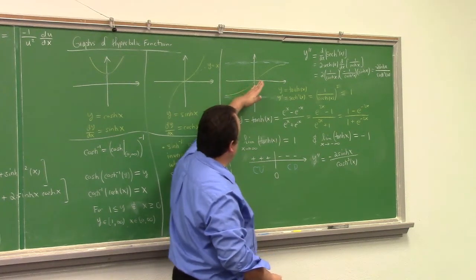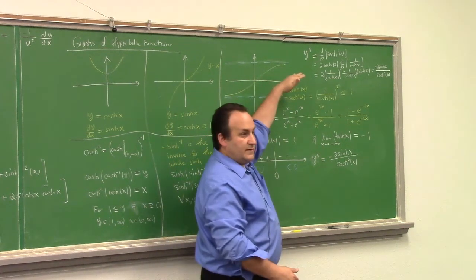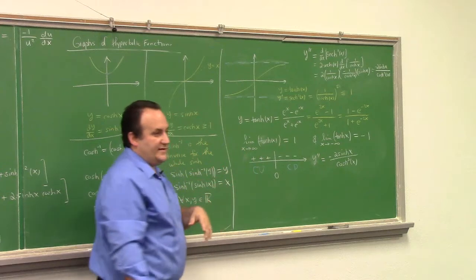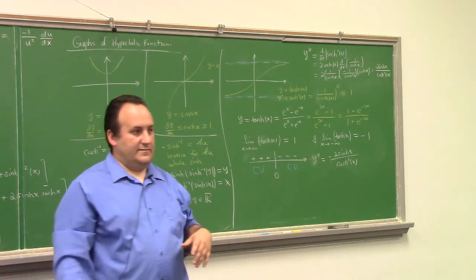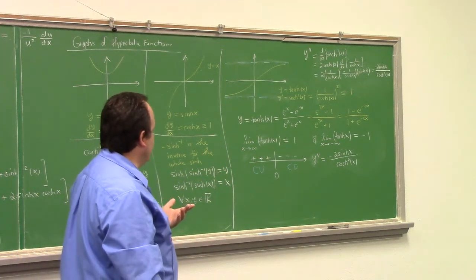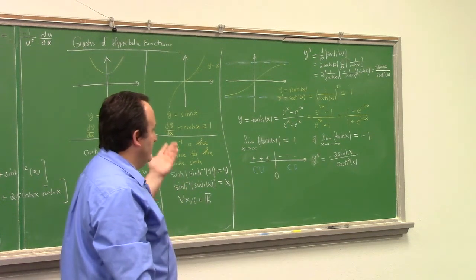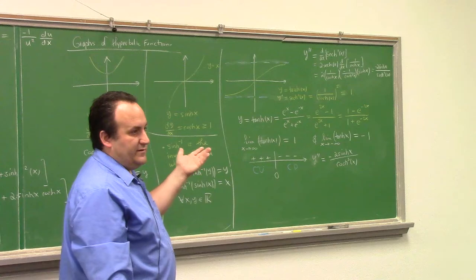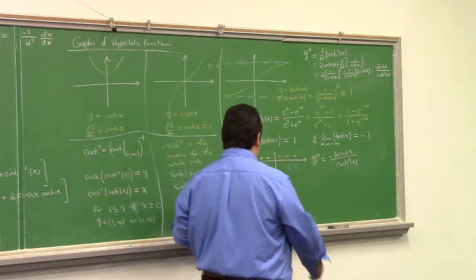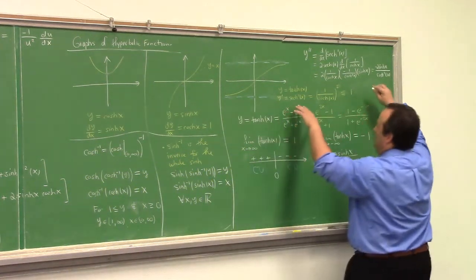So it's concave up over here, it's concave down over there, which is what we have graphed. And it's more than that, right? This function is also increasing everywhere. y prime is less than or equal to 1. But I kind of buried the lead here.